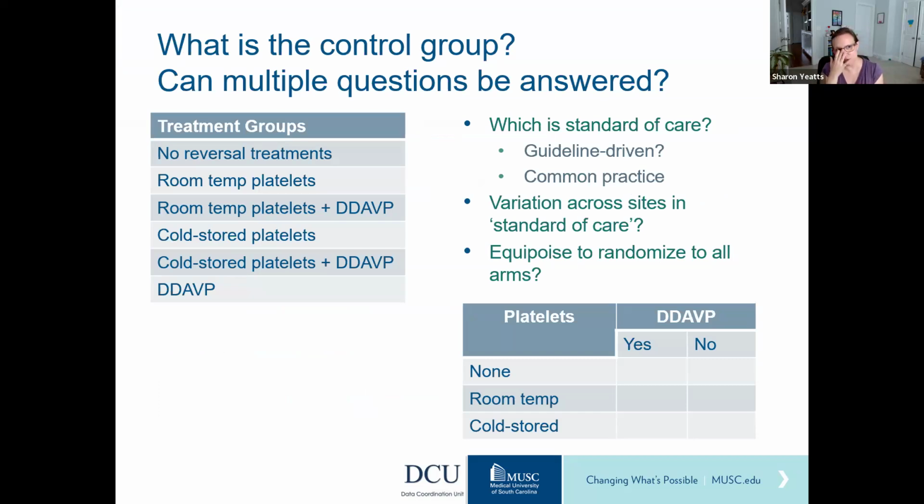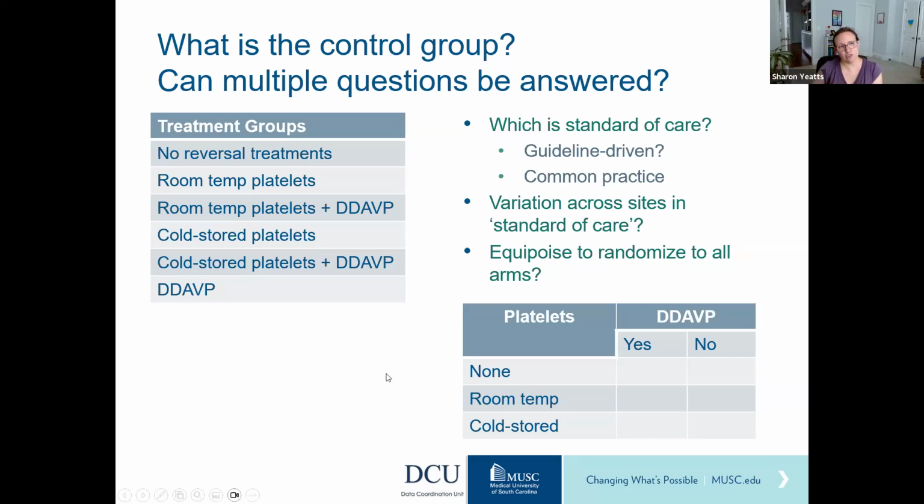So one example I'll give you related to what is the control group and can we answer multiple questions. This is a proposal, or a design that we are thinking through currently, where we are looking to randomize patients with traumatic ICH to one of 6 treatment groups.